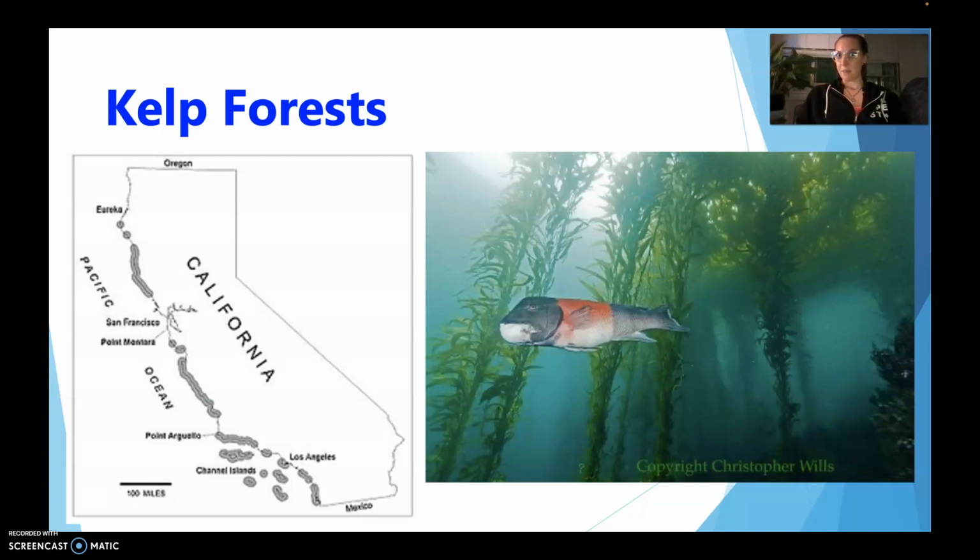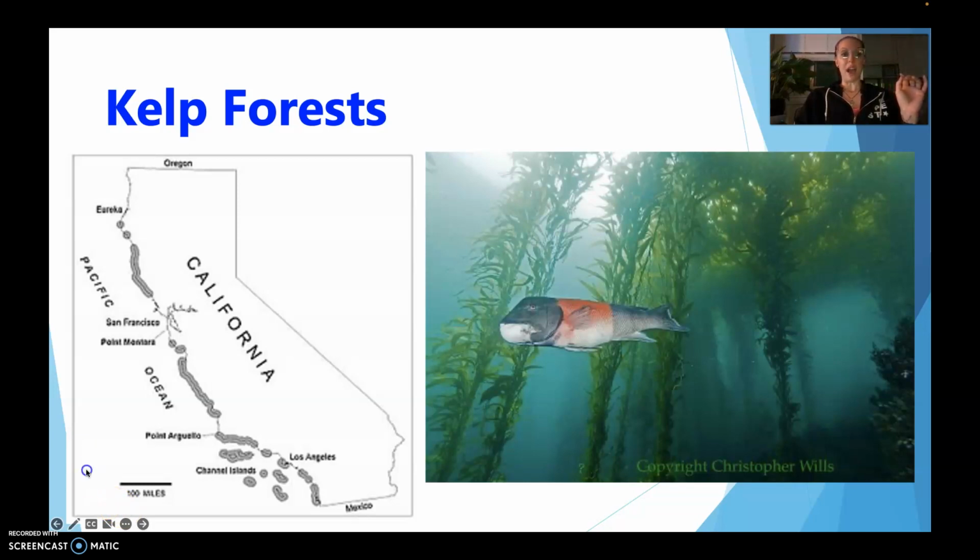Sea otters love them. Urchin love to eat them. We've talked about this relationship several times of how otters love to eat urchin and urchin love to eat kelp. So as long as there's enough sea otters to eat all the urchin, then we are doing all fine and dandy and groovy, right?